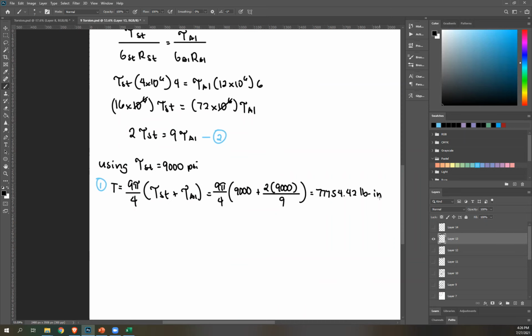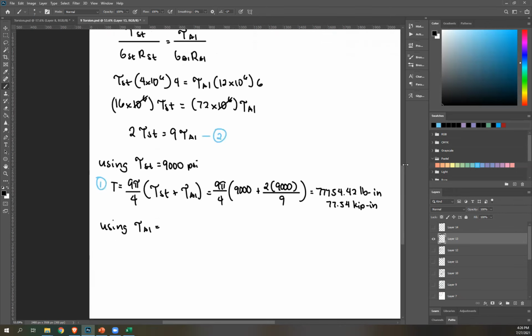And then if you want to keep inch to make things shorter, divide by 1,000, so 77.54 kip inch. And again, kip is just 1,000 pounds. And then compare that to using the shear stress for aluminum, which is 6,000 psi. Okay, let's try to finish this.